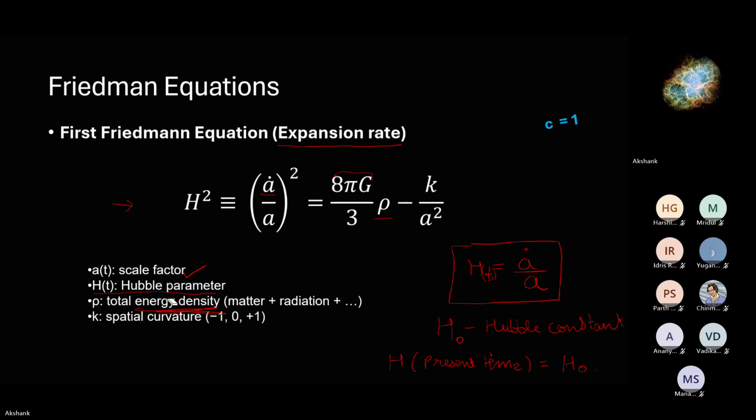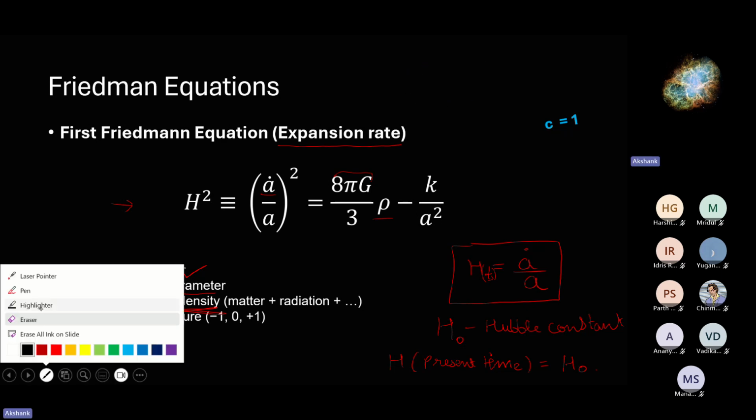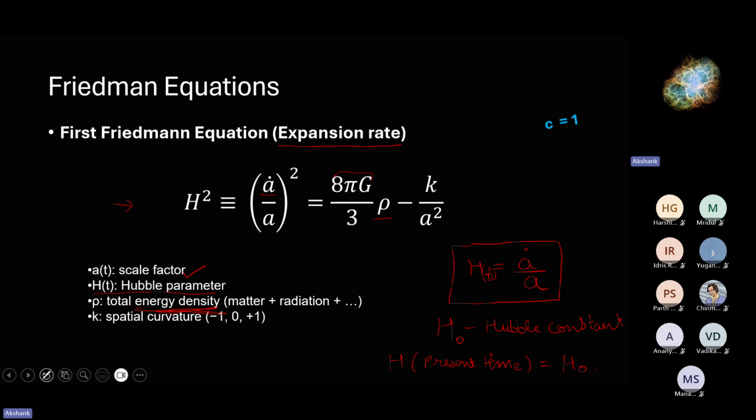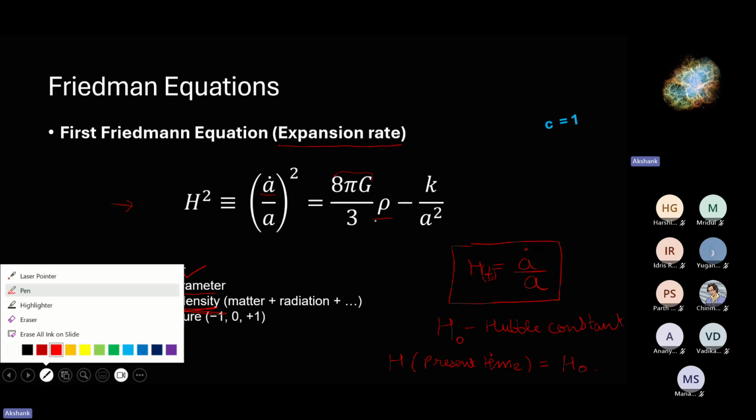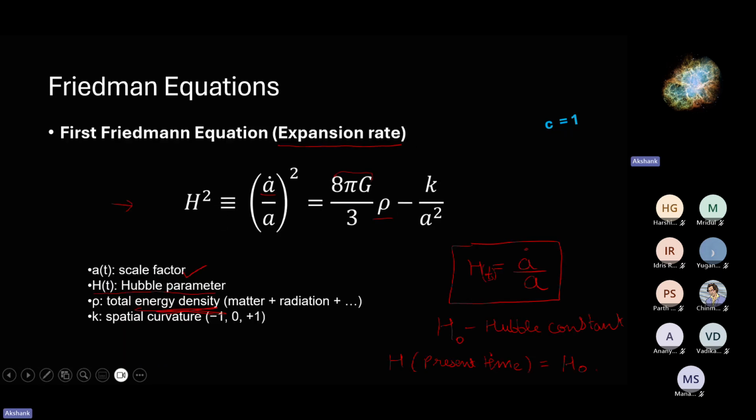All the kinds of material that is there inside the universe, say matter, radiation, dark matter, all of these things have some mass or some energy, and that is accounted for in this energy density.